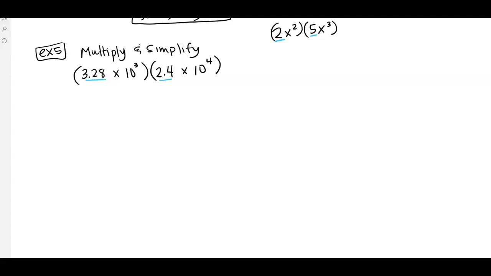And then with the exponent parts, since these have the same base, x and x, we can add those exponents together. And that's what we're going to do on this part, because I can see my bases are the same. The base is 10, and then I just need to add those exponents together. Okay, so first of all, in your calculator, let's figure out what that 3.28 times 2.4 is.